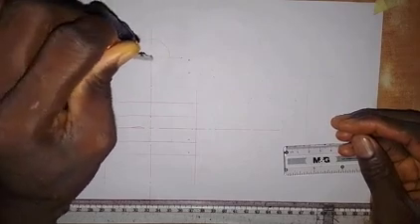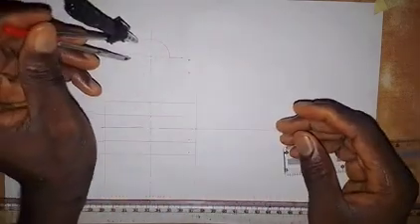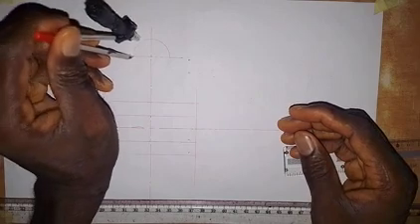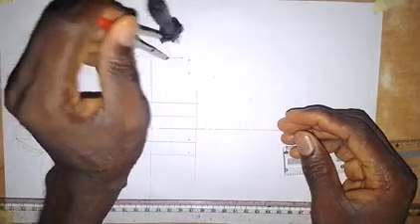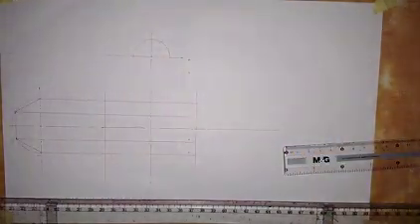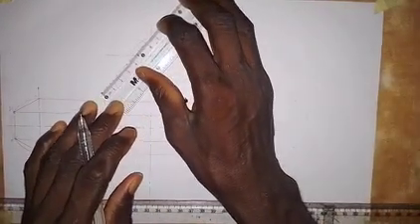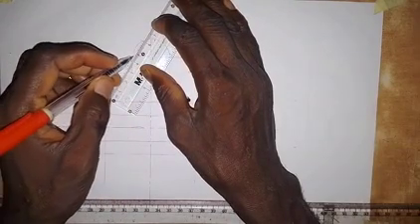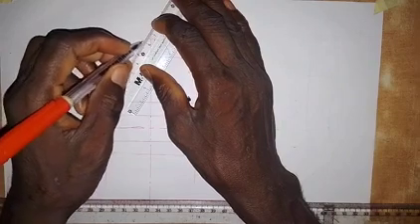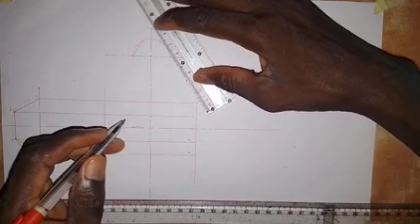So like this. Having drawn this semicircle, with the same radius we put the pinpoint of our compass at this point and make an arc here, then put it at this point and make an arc here. Then we join these points together to produce half of the 6 sides of the hexagon that we are supposed to have.